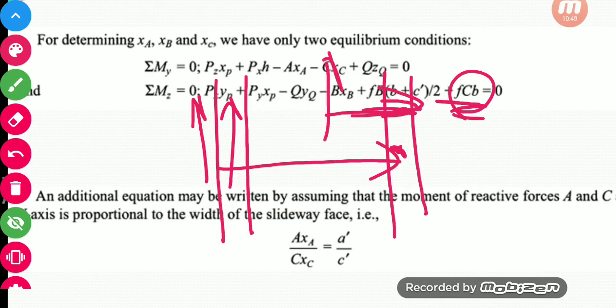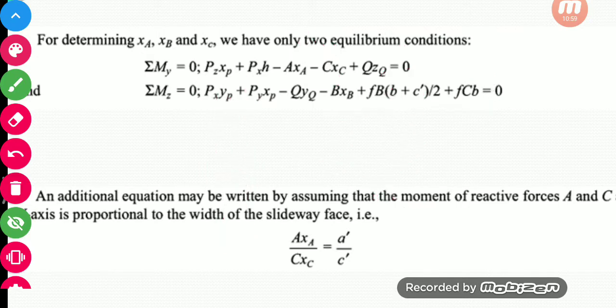So all of such components would get the clockwise direction. With this you can have a sense, and you can do your practice and set up these moment equations.